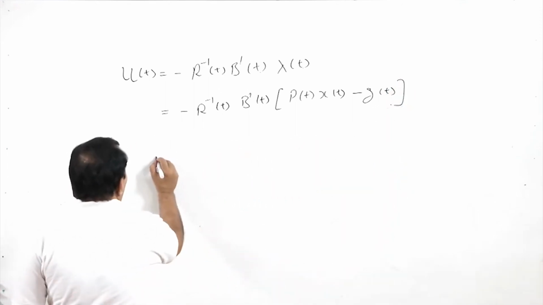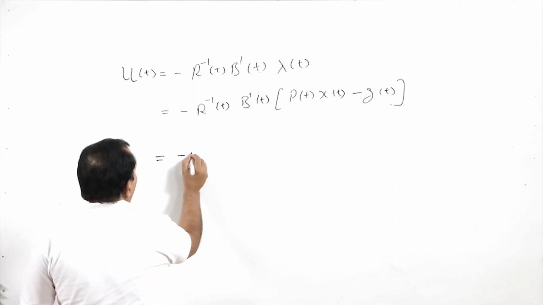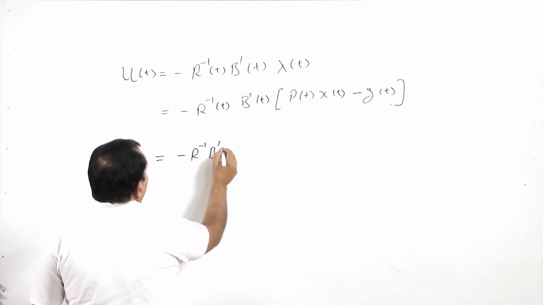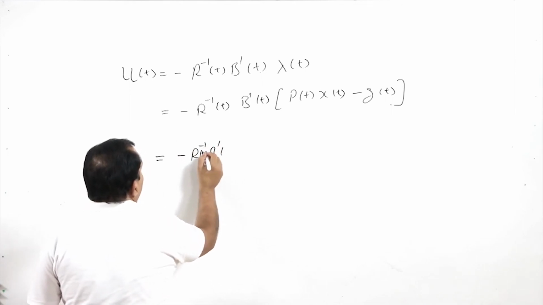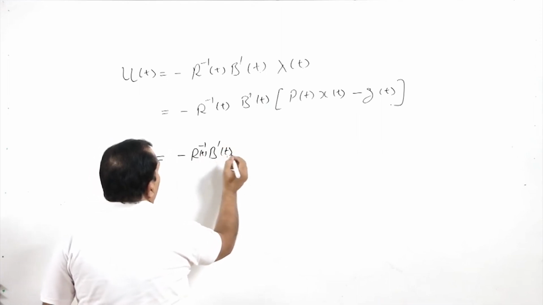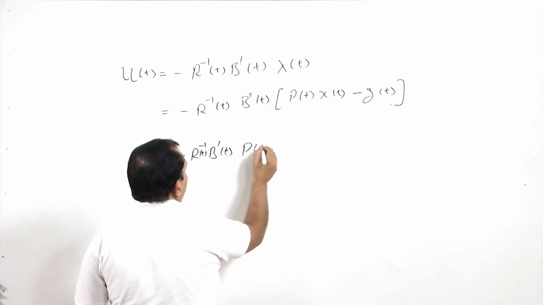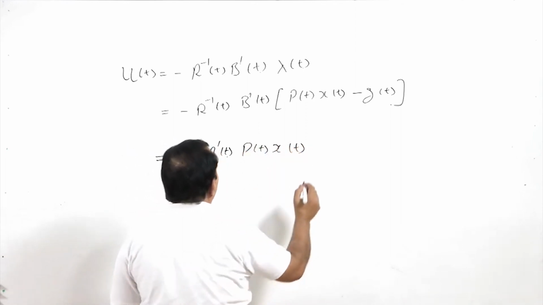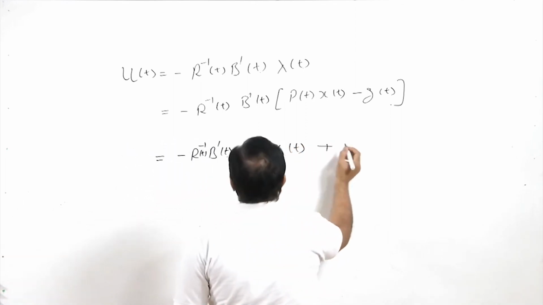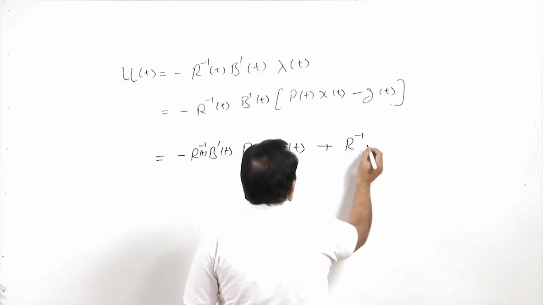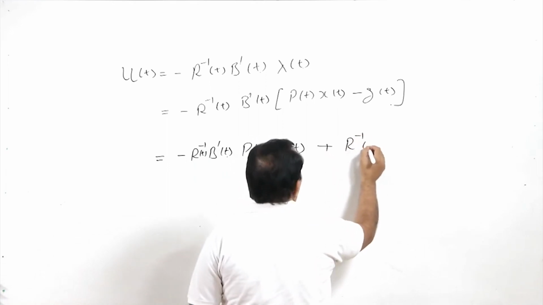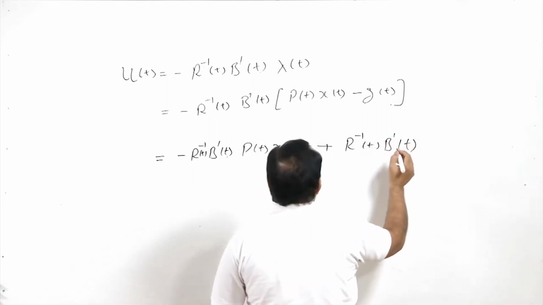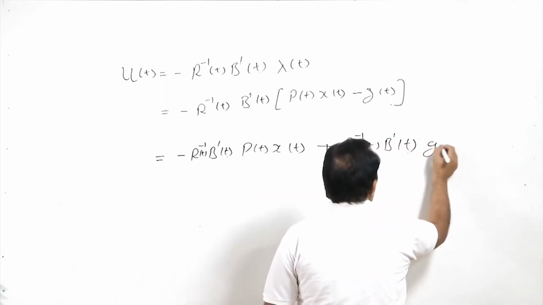So, u will become minus R inverse B prime P(t) x(t) plus R inverse B prime G(t).